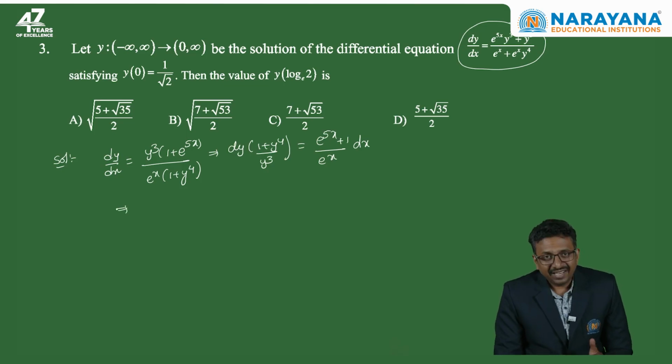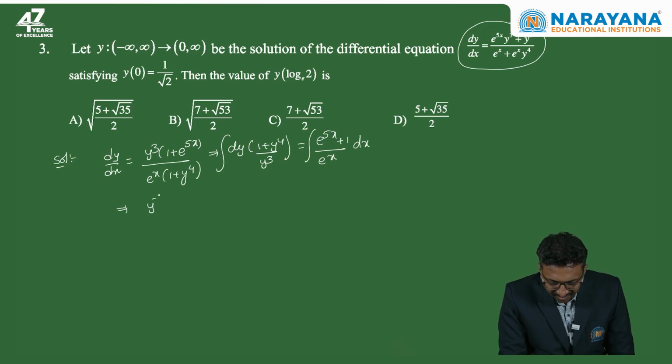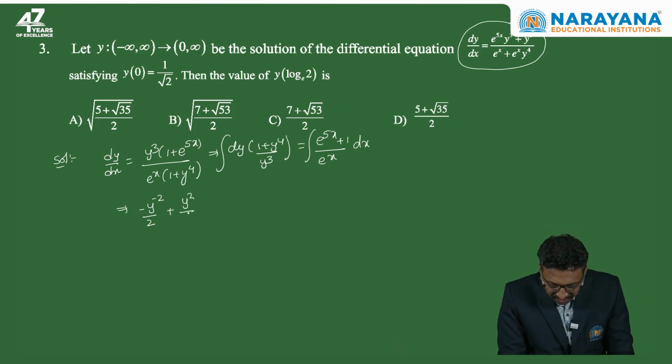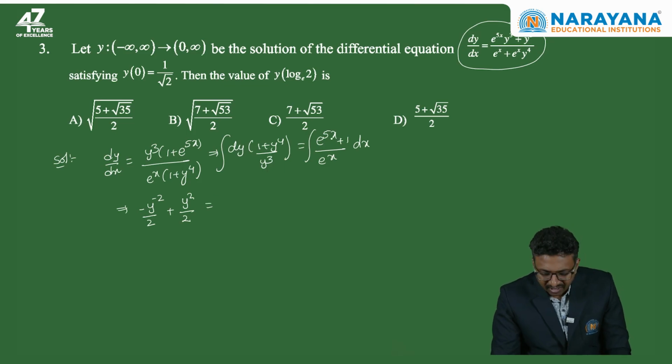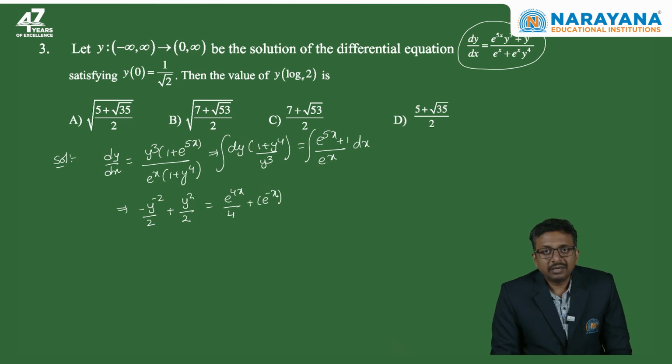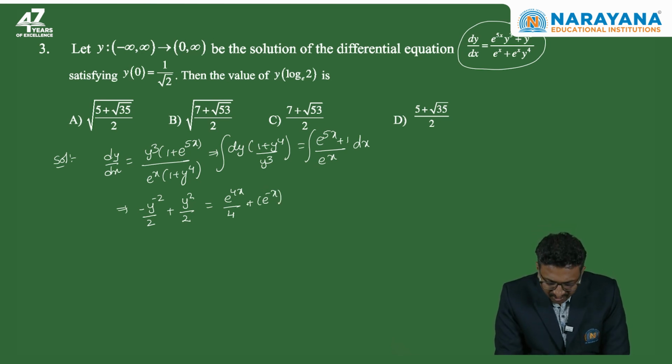So if you integrate it on both sides, very easy to integrate. 1 by y cube is y power minus 3, integrating gives y power minus 2 by minus 2, plus y power 4 by y cube is y, whose integration is y square by 2, is equal to e power 5x by e power x, which is e power 4x, so e power 4x by 4, plus e power minus x, whose integration is e power minus x by minus 1, right? So this plus will become minus, plus the integration constant.